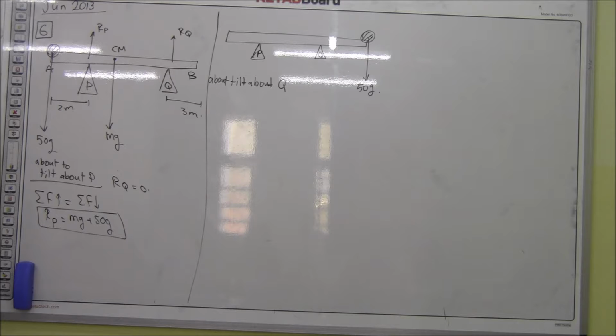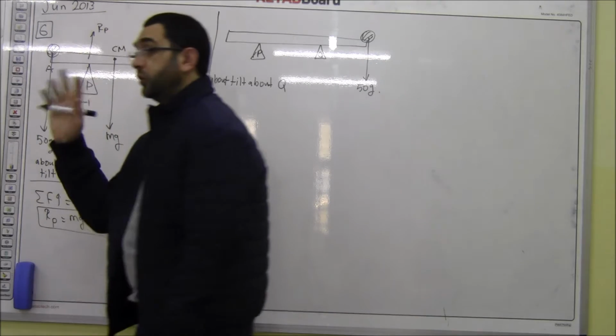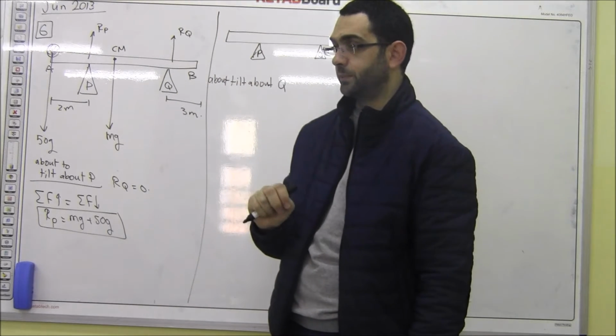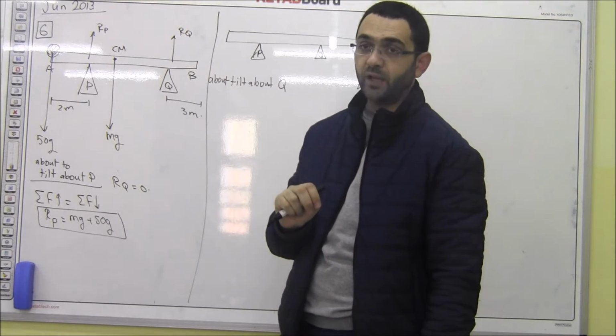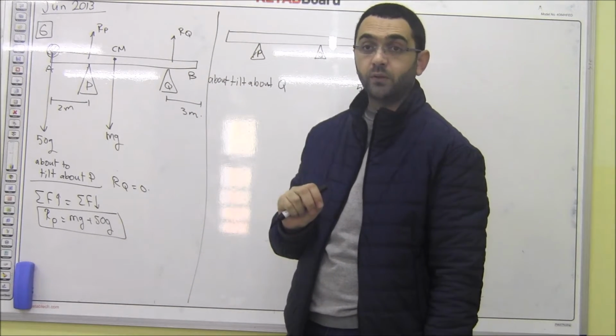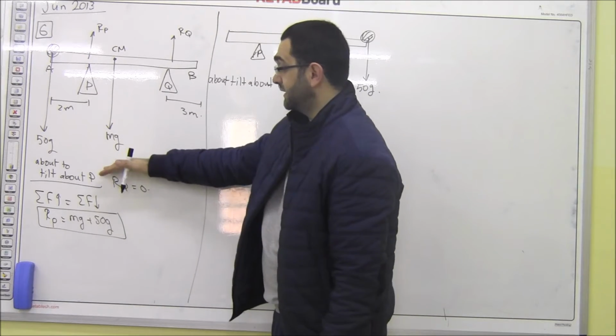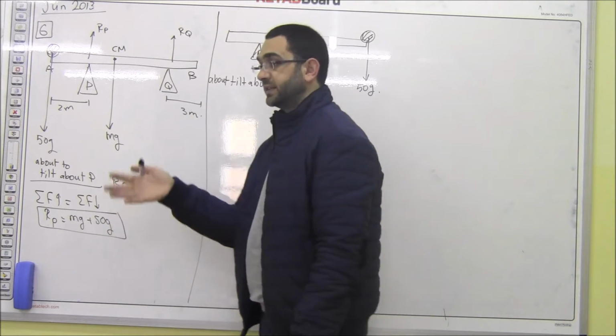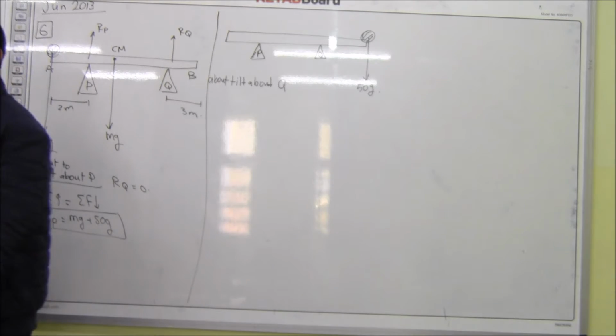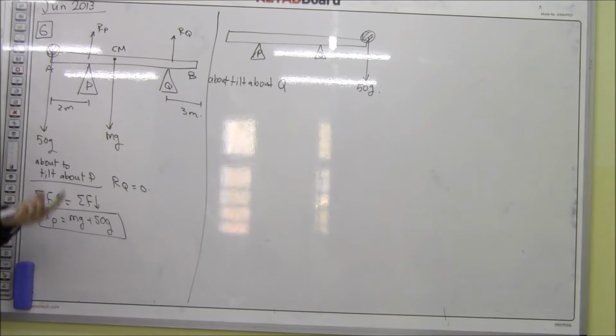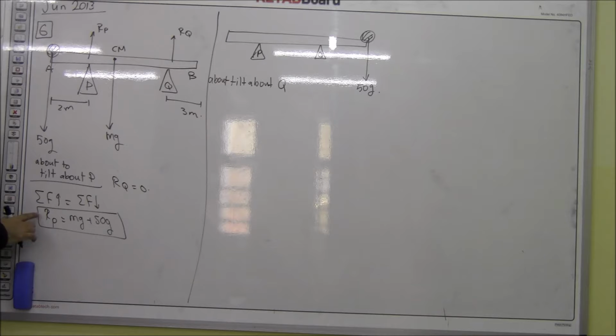I will do both cases because I need two equations. I will do the same for the first case and the same for the second case, then solve the equations simultaneously to get the answer. RP equals mg plus 50g.